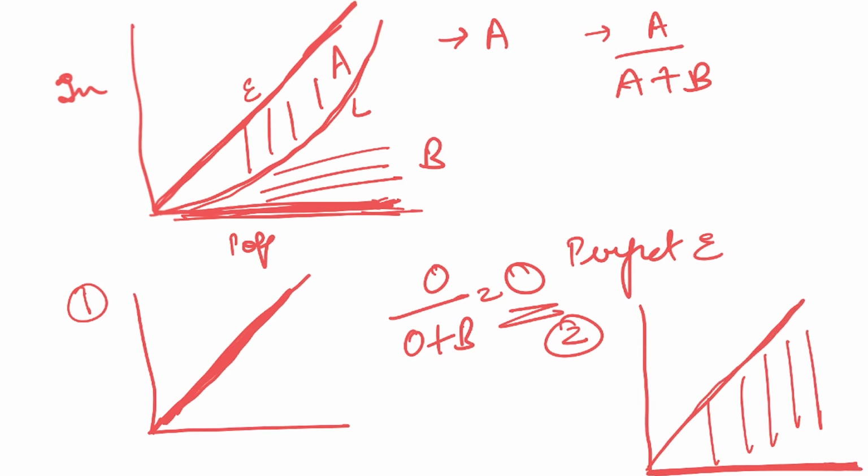So A divided by A plus B, with no B in this case, is A divided by A, which equals 1. This shows that there exists perfect inequality in society.